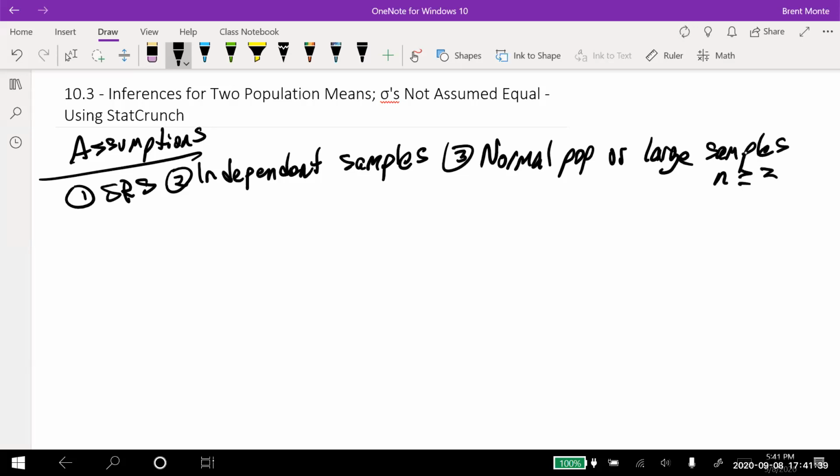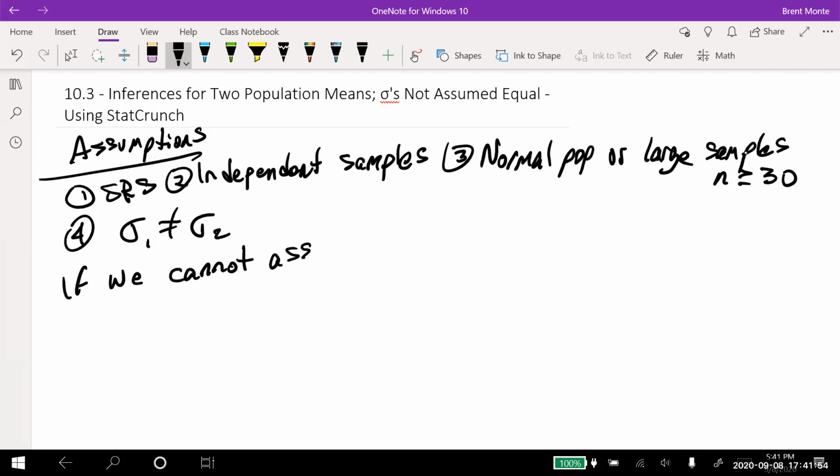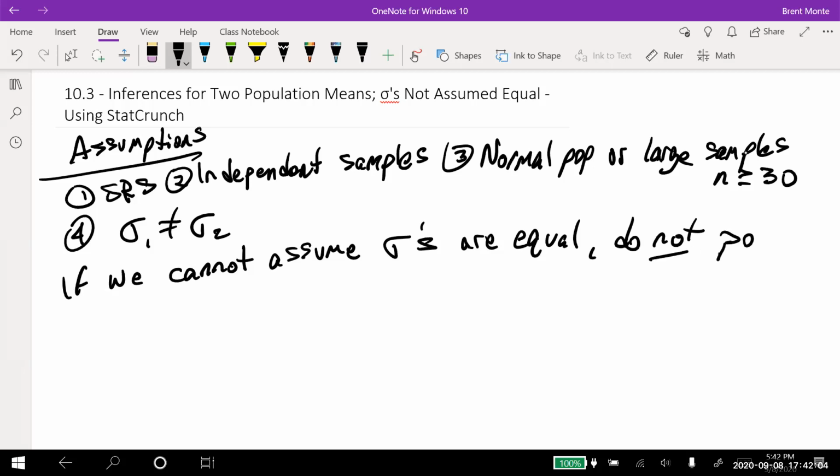Again, we usually use n greater than or equal to 30. And then lastly, this time, sigma sub 1 is not equal to sigma sub 2. And so we say if we cannot assume sigmas are equal, do not pool. That's it. Everything else is going to be the same.